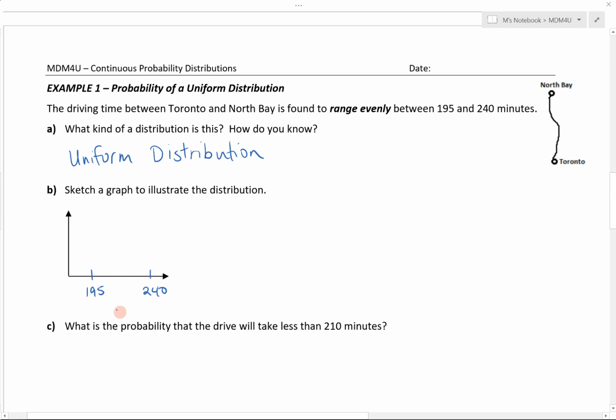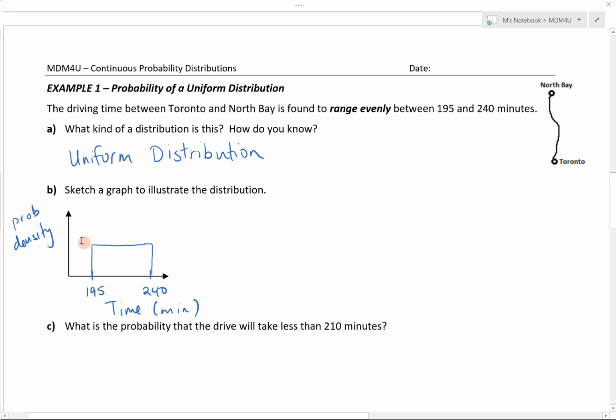Time is the x-axis variable in minutes, and my y-axis will be the probability density. So you're going to have a little box here to show you our distribution. Now it ranges evenly, which is why our box has a constant value for its probability density.